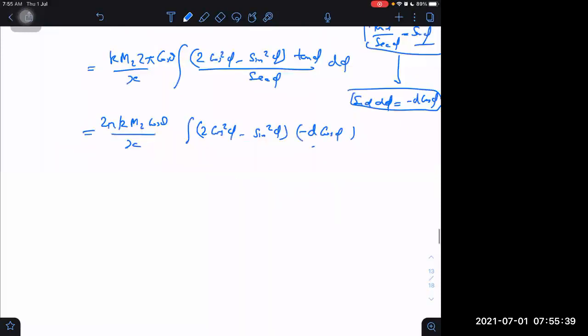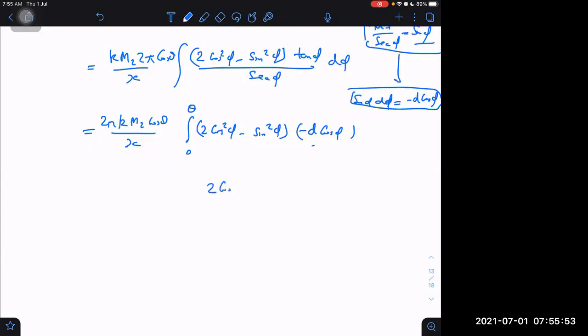Now tell me, what is this giving us? Not a difficult integration, it seems. 0 to theta we have to integrate. The first one is just 2 into cos... minus will appear. Or forget this minus. I want to find the magnitude of flux; direction we already know. So let us not worry about the minus much. Magnitude wise, it will become 2 cos cube phi by 3 minus... I can write sin square phi as 1 minus cos square phi.